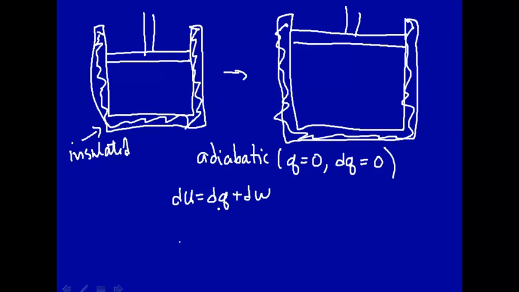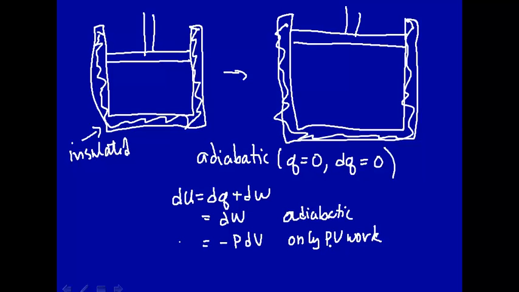As usual, we'll start with the general equation and make some assumptions. This is just equal to dw, because we're assuming that it's an adiabatic process. And let's put this equal to minus PdV.